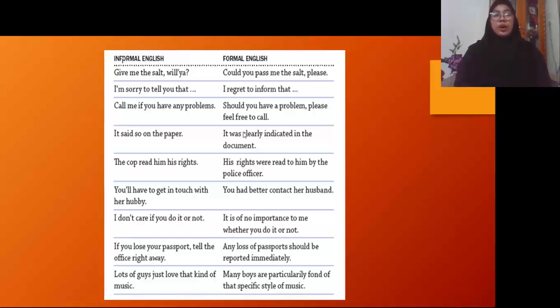But if you are in a close situation with your friends, with your family, in your daily activity, you cannot use the polite word. Impolite is okay, because it can be categorized as informal conversation. You must know and pay attention to this, because it's important.